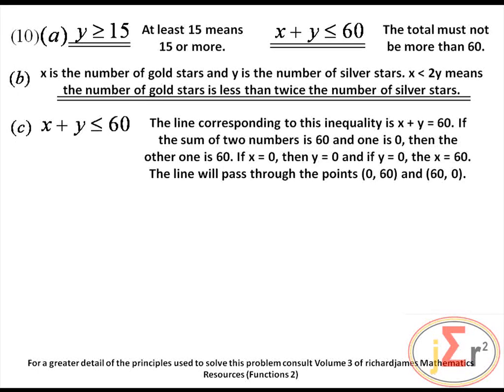And it is true irrespective of which one we use, X equals 0 or Y is equal to 0. Therefore, if X is equal to 0, then Y is equal to 60. And if Y is equal to 0, then X is equal to 60. The line will pass through the points 0, 60 and 60, 0.